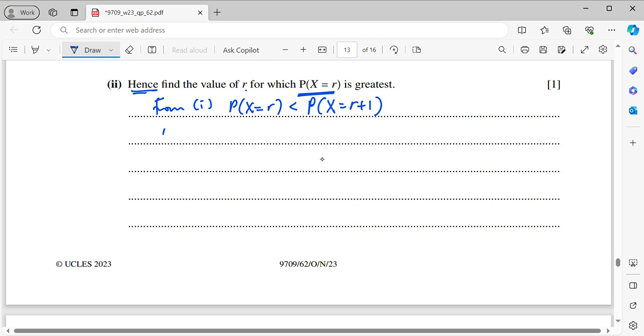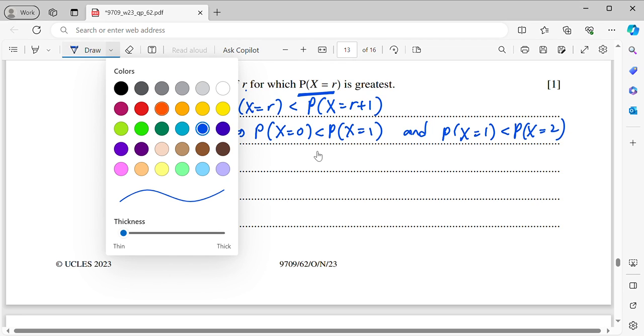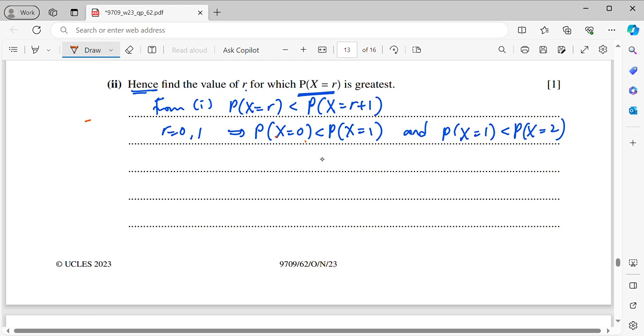And we have found that r equals 0 and 1, which means when I replace the r by 0, I will be getting P(X equals 0) less than P(X equals 0 plus 1), which is 1. And when my r is 1, I will be getting P(X equals 1) is less than P(X equals 2). Okay, so from here, when you analyze this, P(X equals 0) is less than P(X equals 1).